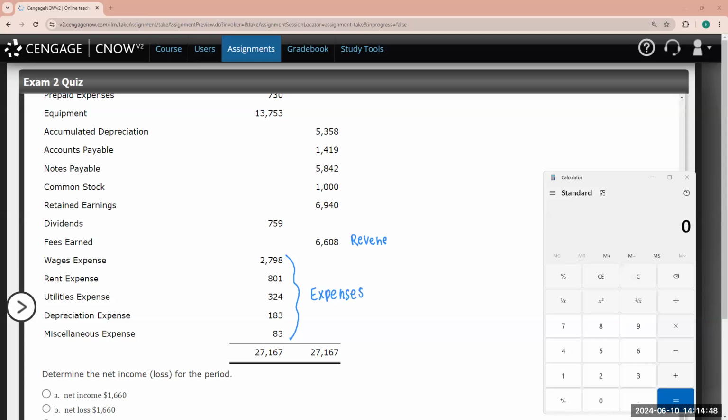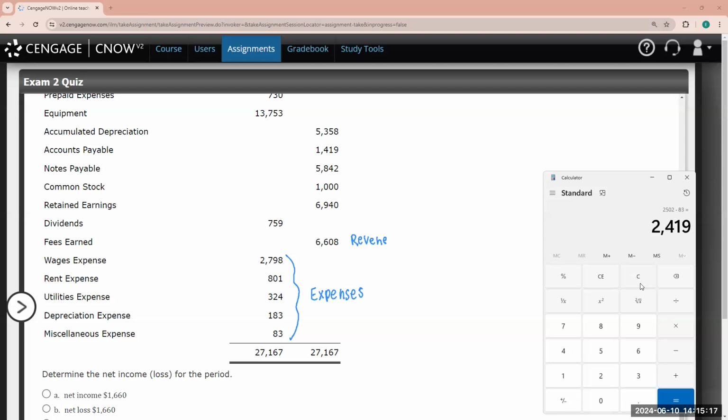So in order for us to answer this question, we subtract our expenses from our revenue. So we start off with $6,608 minus $2,798 minus $801 for our rent expense, minus $324 for our utilities expense, $183 for our depreciation expense, and $83 for our miscellaneous expense.